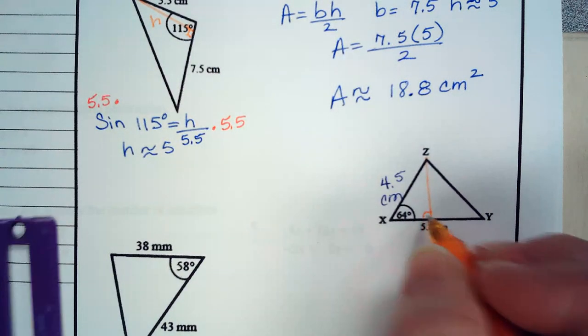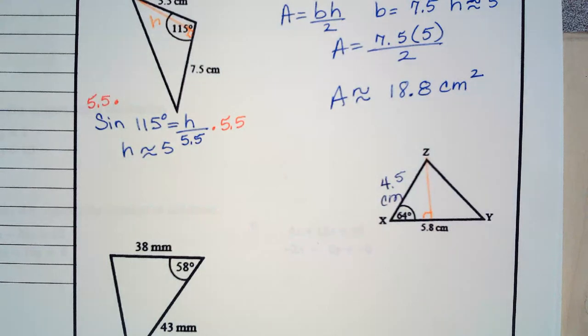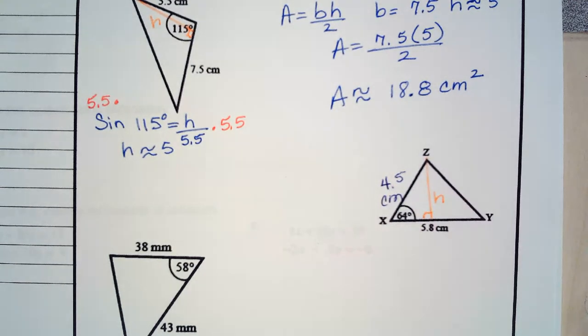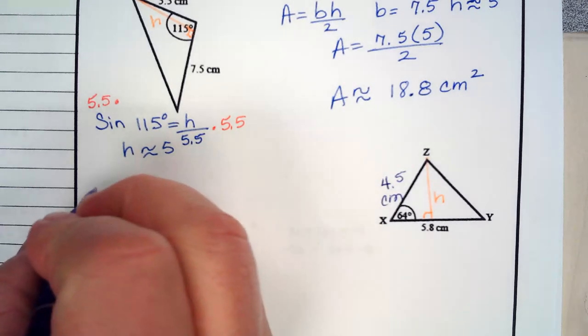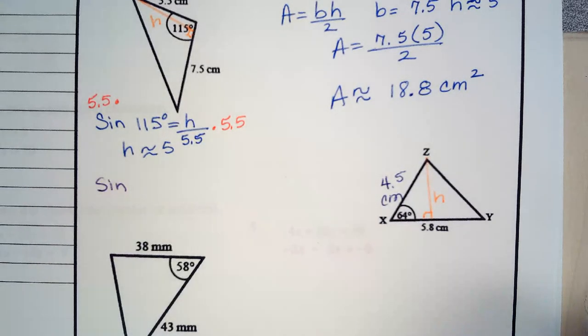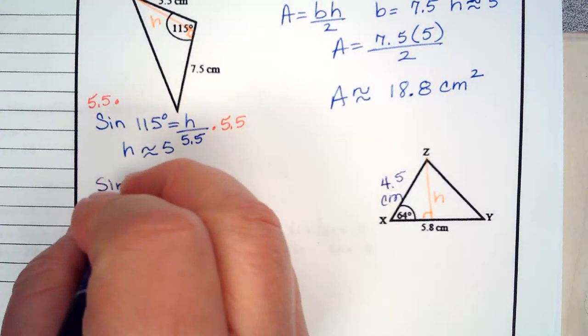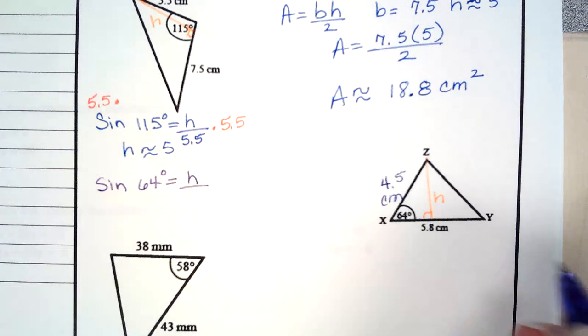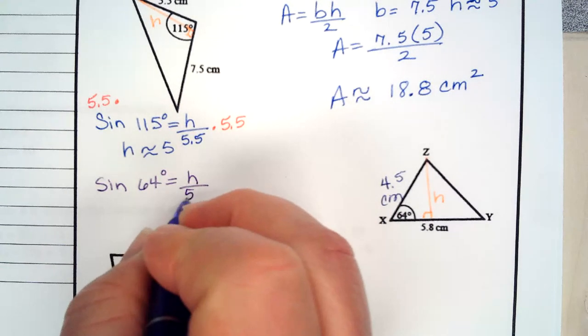Here's my right angle. Once again, I'm looking for my height, which is my side opposite. I've got my hypotenuse, so I use sine. The sine of 64 degrees is equal to my height divided by 5.8.